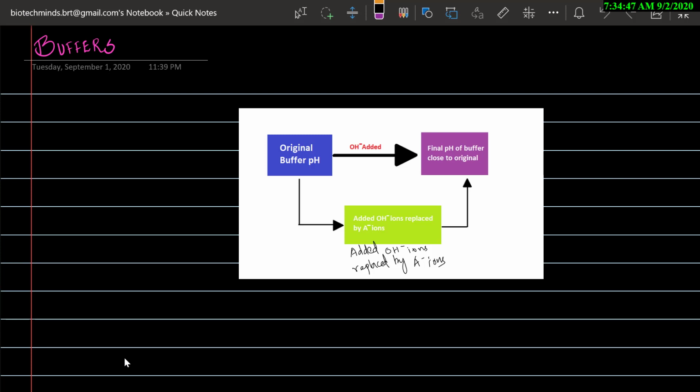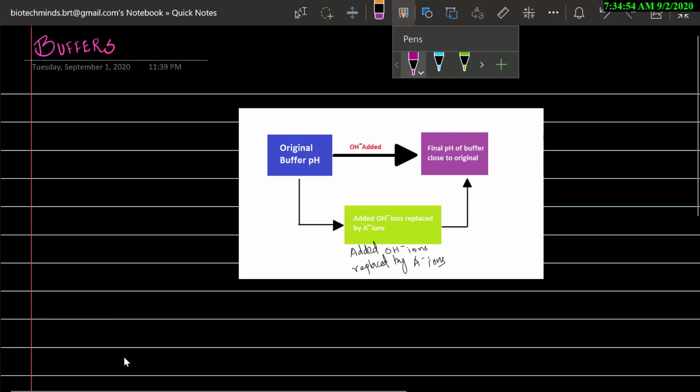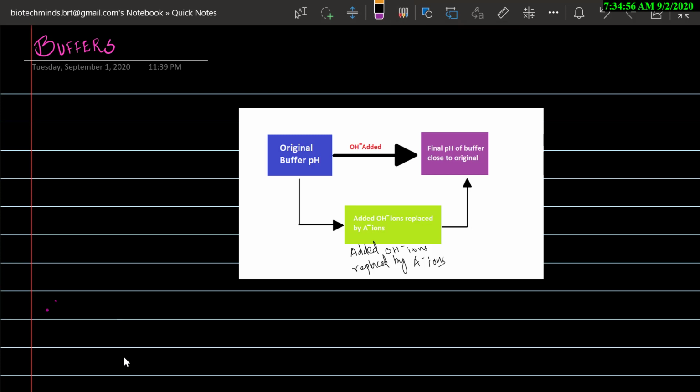It means that it resists a change in the pH. So how does it resist the change in pH?